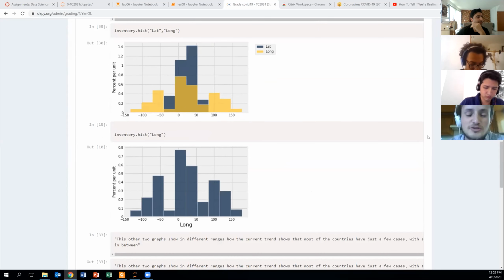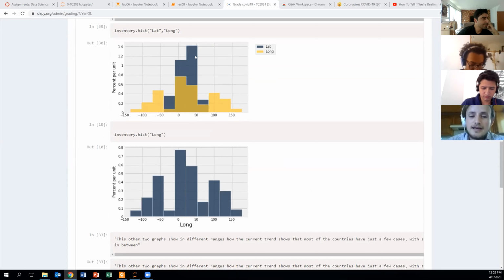Okay, so the first one is a histogram, and I'm with Angel. I couldn't put it with a teammate, but he's with me. The first one is a comparison between the latitude and longitude of the coordinates, just to show how the virus spreads.